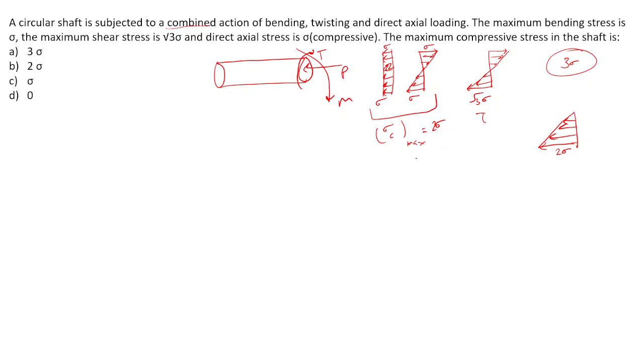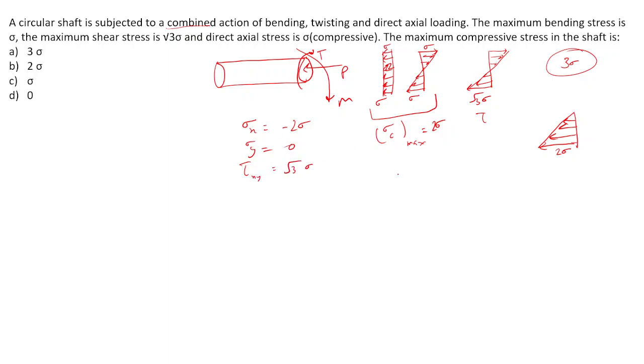So how will you find the resultant stress? Here it is in one direction, so you can think of it as sigma x. Sigma x is minus 2 sigma. And sigma y, what can we write? 0, right? And what would be tau? Tau would be root 3 sigma.